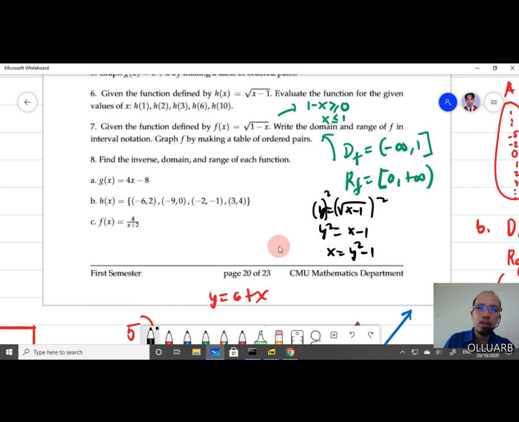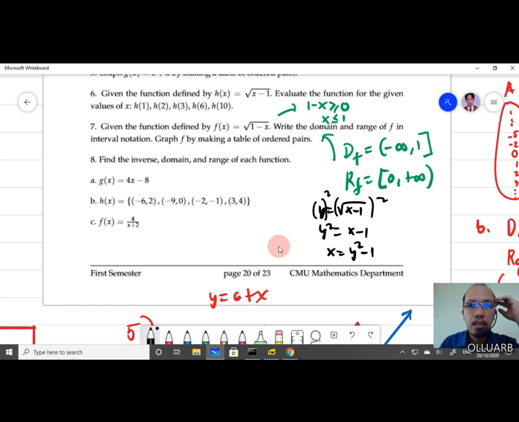So the values of y, when you try negative 1, negative 1 squared is something like 0.